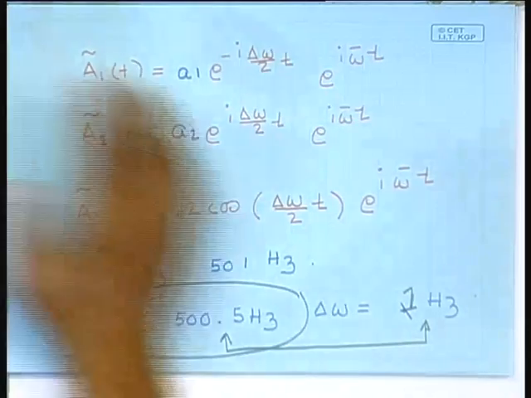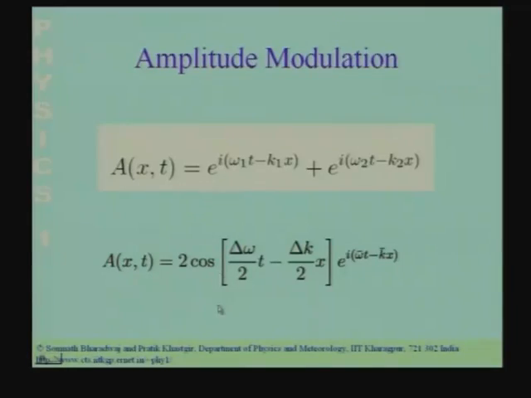Now, when I keep the spatial dependence, we again get a cosine. Now, we have delta omega by 2 t, which we had earlier, but we also have an extra term, minus delta k by 2 x, which incorporates the spatial dependence, and similarly we have minus i k bar x over here. So, it is just a small generalization of the exercise which we have already done in the beginning of today's lecture, just that we have now incorporated the spatial dependence also. So, now you see that the resultant is a product of two different functions of space and time.